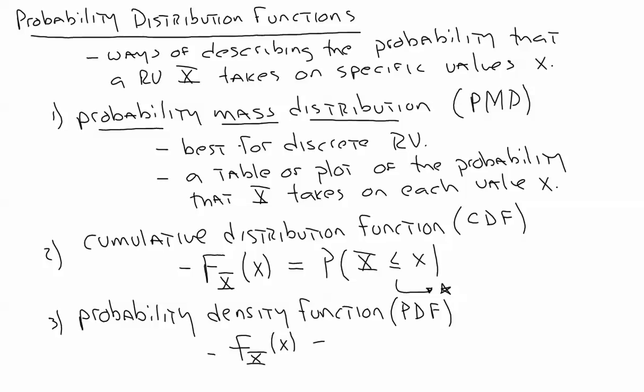And this is simply the first derivative of my cumulative distribution function. All right, we will look at the cumulative distribution function and the probability density function in the next video. We'll look at the properties and do some examples. But for now, I want to go back to our earlier toss 2 dice experiment and talk about its probability mass distribution.